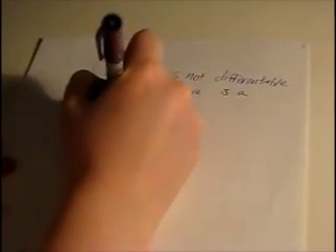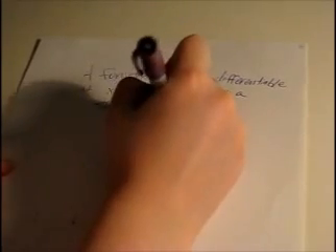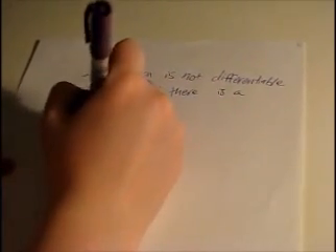So we know now that a function is not differentiable, you cannot find the slope at x equals c, if there is a sharp turn, a discontinuity.